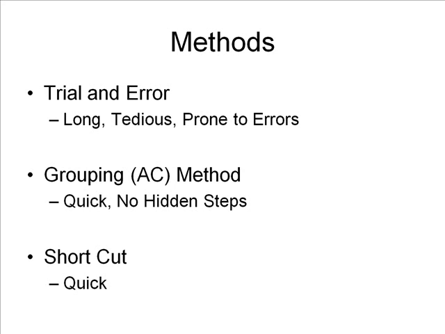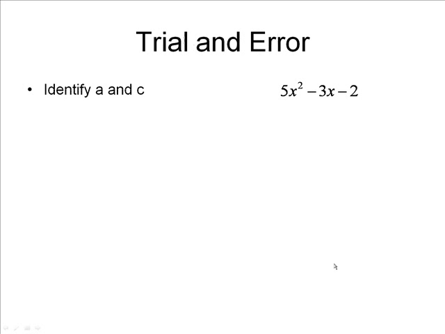And then we come to a shortcut. This is a method that, similar to the grouping AC method, has some of the elements of the trial and error. I find that it's quicker and easier. You do have to trust yourself when you're doing it, though, but I think you're going to do just fine with it.